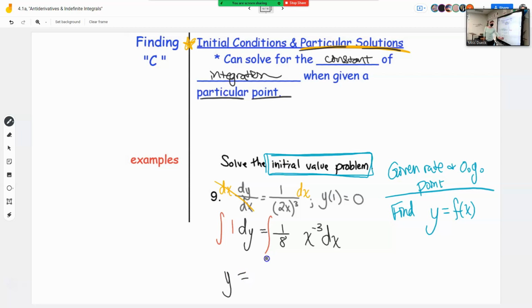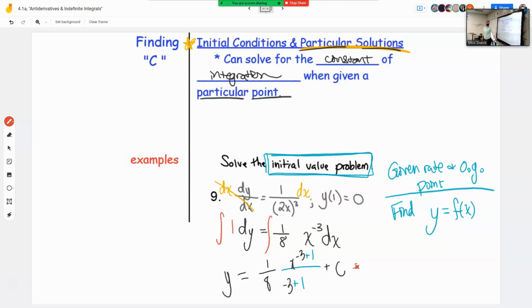And over here, I'd have 1/8, and let's all try to do the power rule. Because the power rule would say plus 1 divided by plus 1 with my x to the negative 3. It'll take some time, but you'll get there.